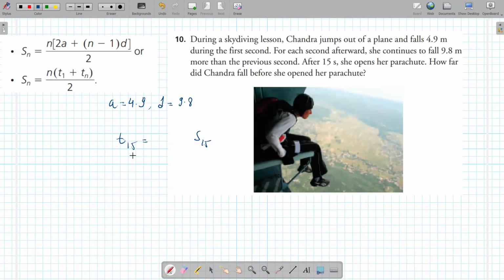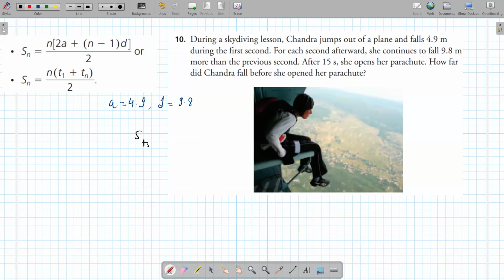Yeah, it's asking us for S15. T15 would be the difference in the height between when t is 14 and when t is 15. This would be T15, whereas S15 would be the sum from the very beginning. And that's what this question is asking us, the total distance from the beginning.